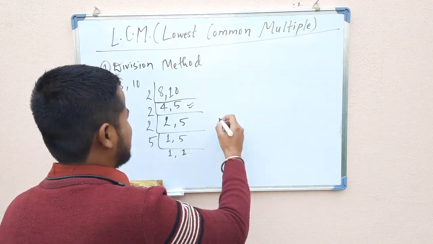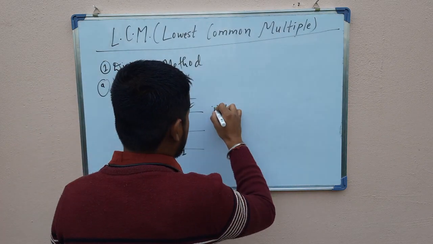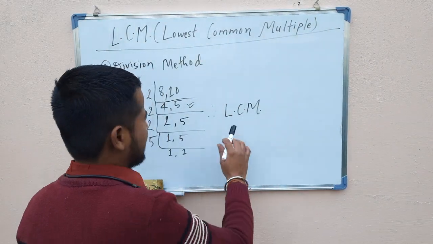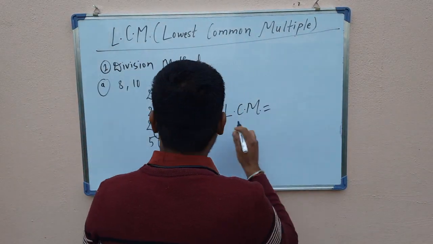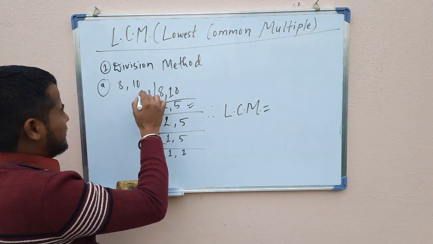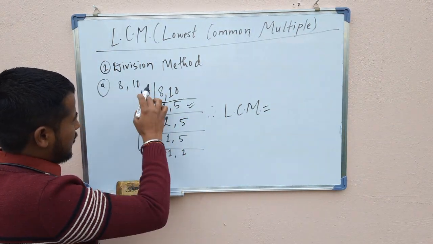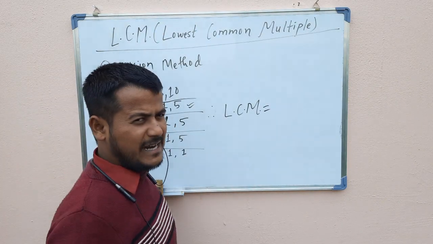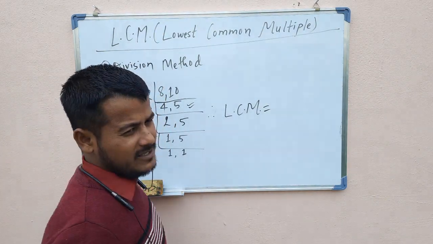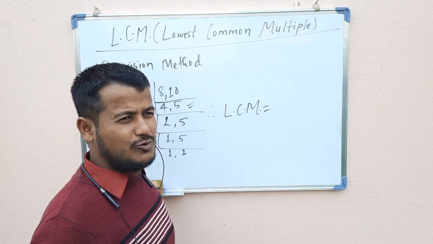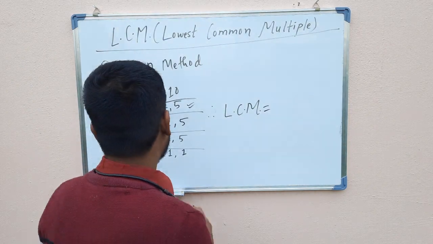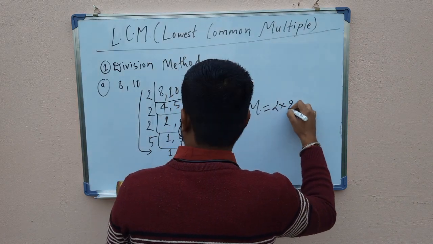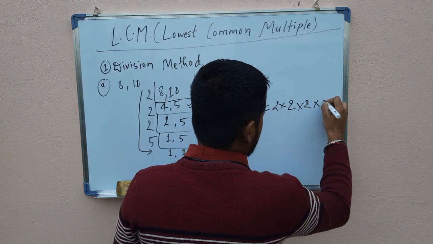Now LCM is equal to, you should write all these numbers from up to down. If you want to write 1, you can, otherwise don't write it, because 1 will not affect anything. Like 2 into 1 will be 2 itself, so no need to write; just write all the numbers: 2 into 2 into 2 into 5.